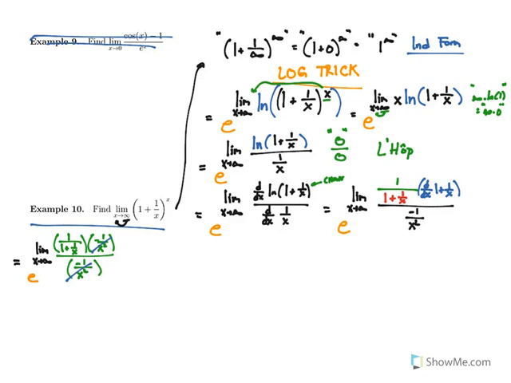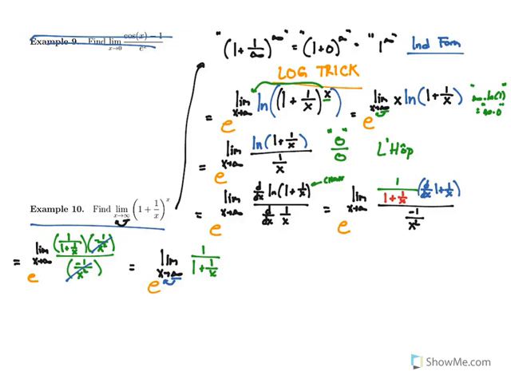And there's something nice that happens. Those negative 1 over x squareds cancel out, and we are left with e to the limit as x approaches infinity of 1 over 1 plus 1 over x. Let's plug in infinity.